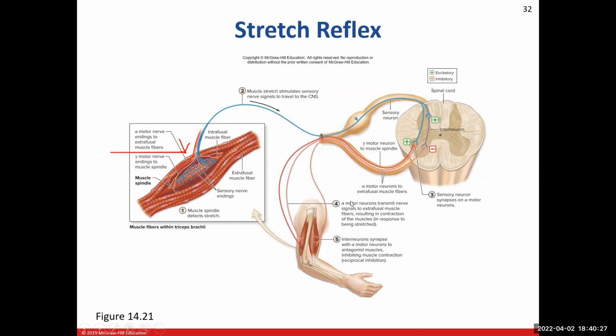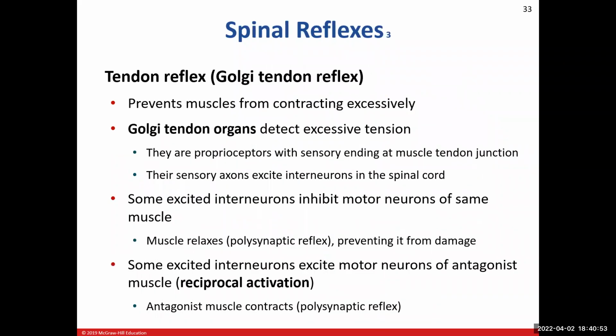The antagonistic muscle group to the triceps brachii is the biceps brachii. So we're going to inhibit these muscles so they don't slow down the contraction of the triceps brachii, so we can extend the elbow and move it away from whatever that stimulus is. So that's the stretch reflex.